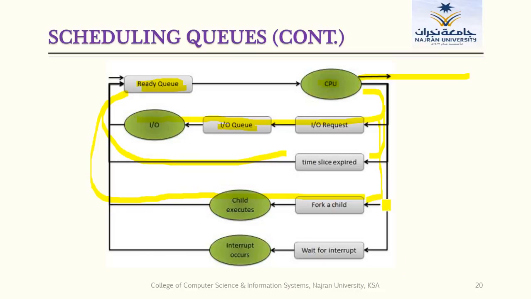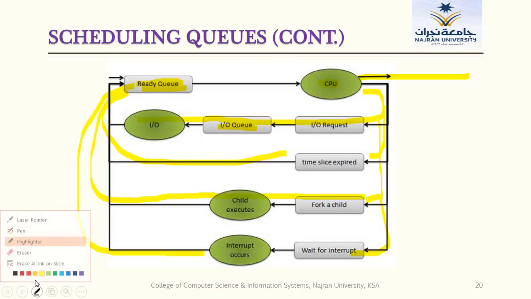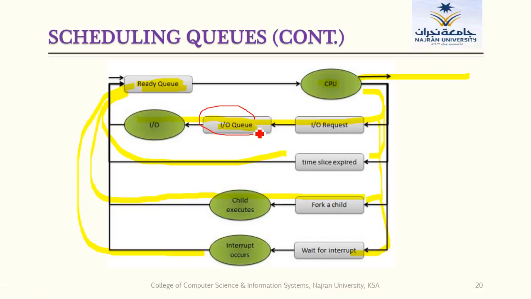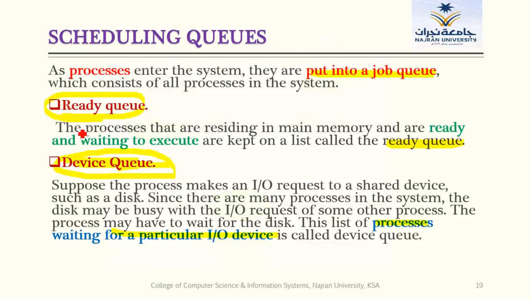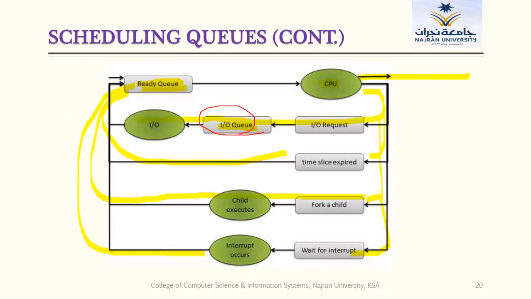Or it waits for an interrupt; an interrupt occurs, and again it goes back to the ready queue. So we have different possibilities when the process is in execution. This explains we have two different queues, the ready queue and the device queue; here they also use the word IO queue.